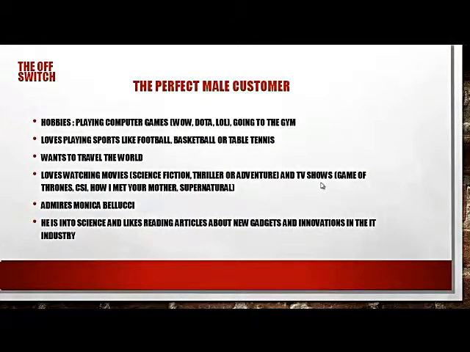Wants to travel the world, loves watching movies, science fiction, thriller, or adventure, and TV shows like Game of Thrones, CSI, How I Met Your Mother, Supernatural. Admires Monica Bellucci. And he's into science and likes reading articles about new gadgets and innovations in the industry.